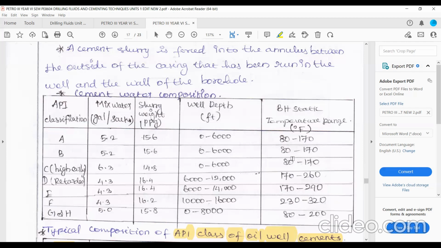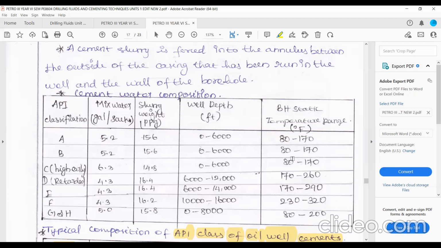So E, F, G, and H, you can understand with respect to the well depth and the BHST. The first three are for approximately the same range of well depth and BHST. The next two are approximately the same range for well depth and temperature.